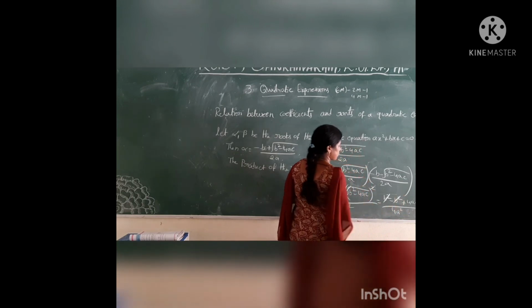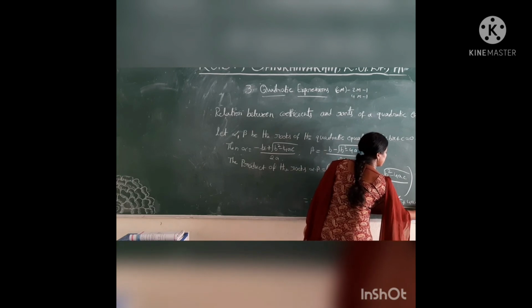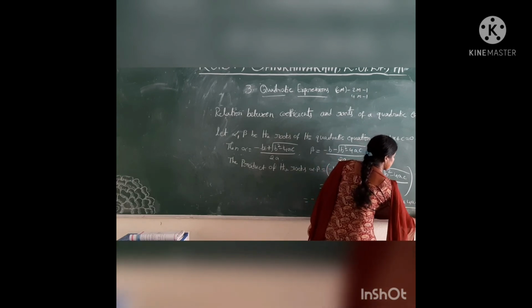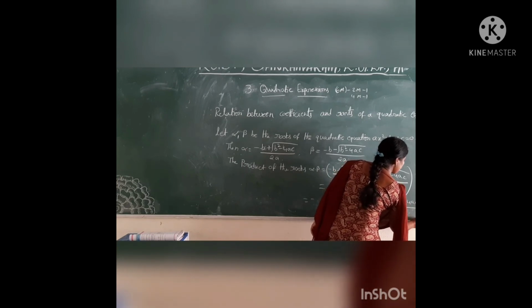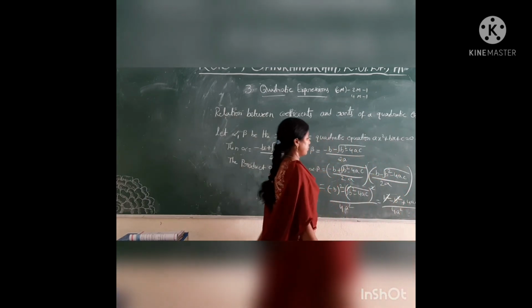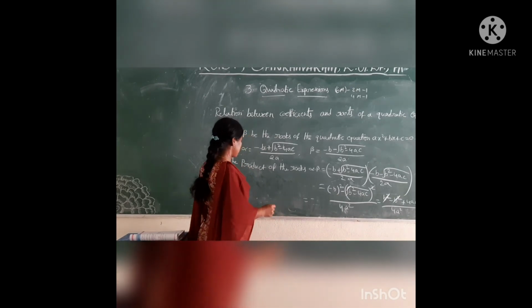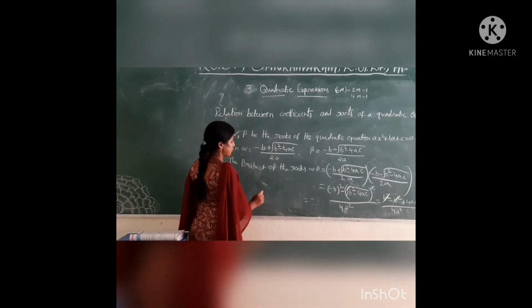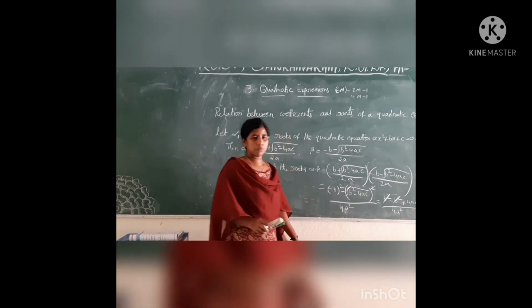The 4 cancels and one a cancels, so in total we get c by a. So the sum of the roots is minus b by a, and here the product of the roots is c by a.